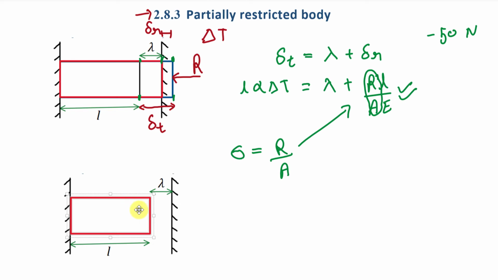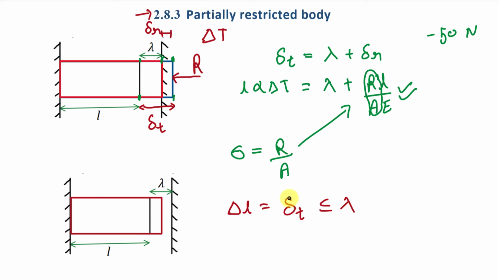Now let us take the second case, in which if we increase the temperature by delta T, then the length of this body is going to increase, let's say up to here, meaning it is not going to exceed this restriction. So here we can write that the change in length delta L, or we can also say delta T, will be less than or equal to lambda for this case.